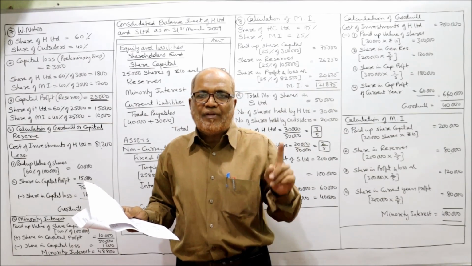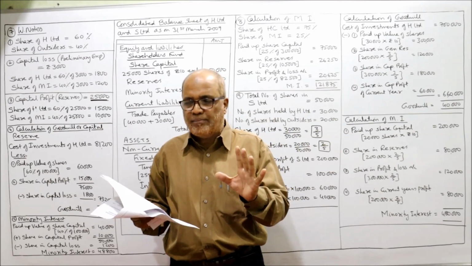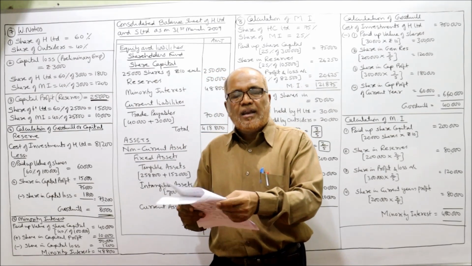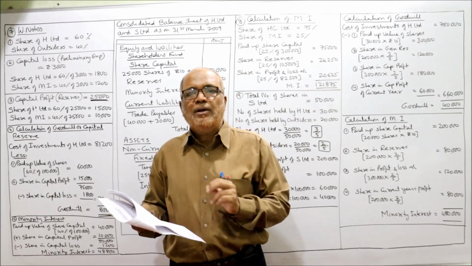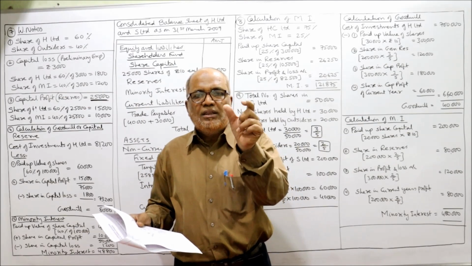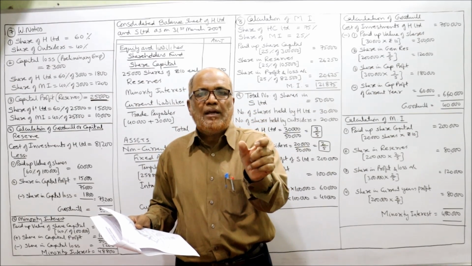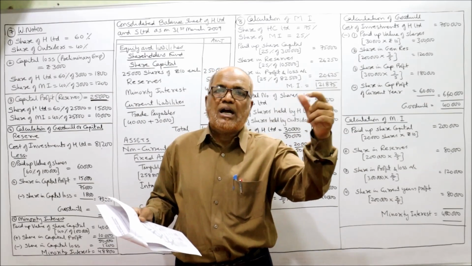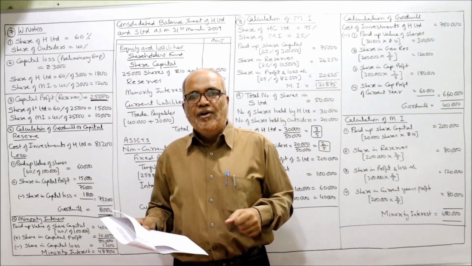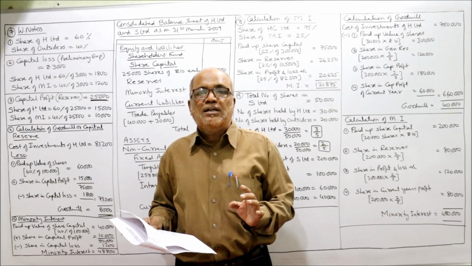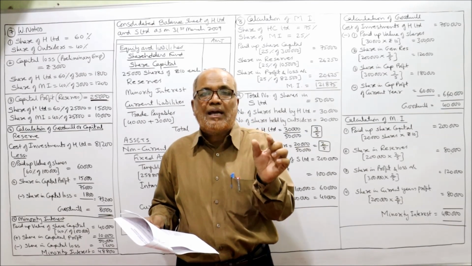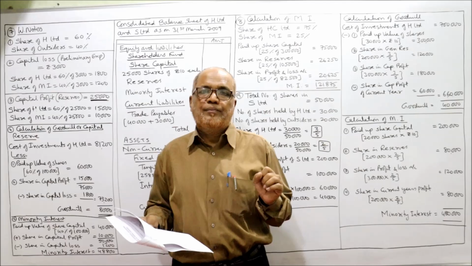Every problem, from first problem I am telling the same thing. Now reserves are given holding company 50,000 and subsidiary company 25,000. Second point, the reserves of holding company will definitely come in the consolidated balance sheet, whereas the reserves of subsidiary company will be considered while calculating goodwill or capital reserve, right?